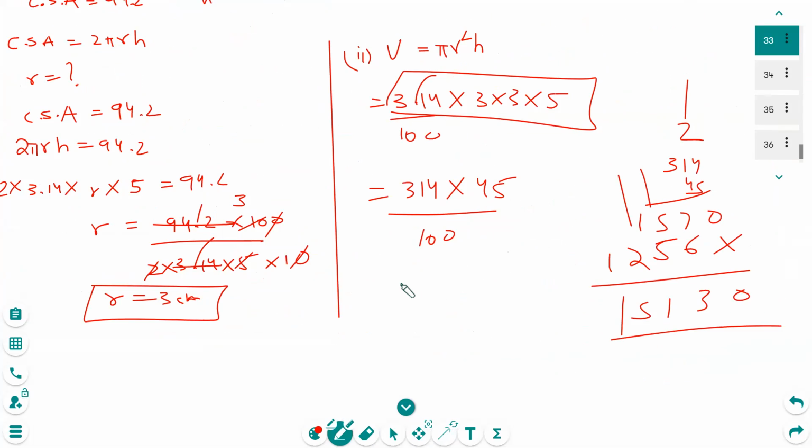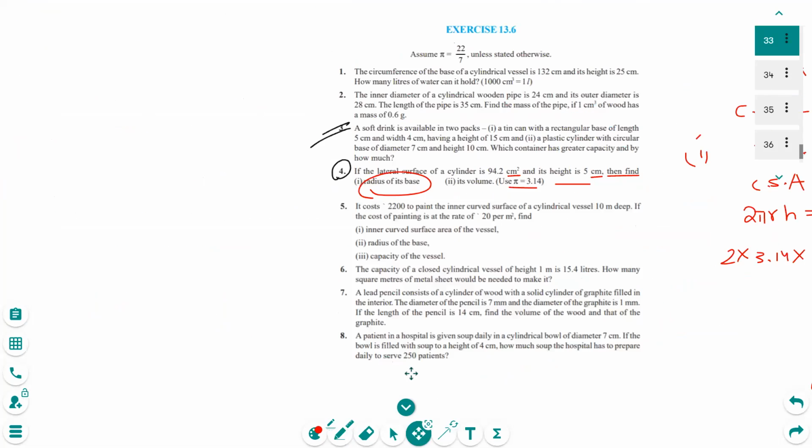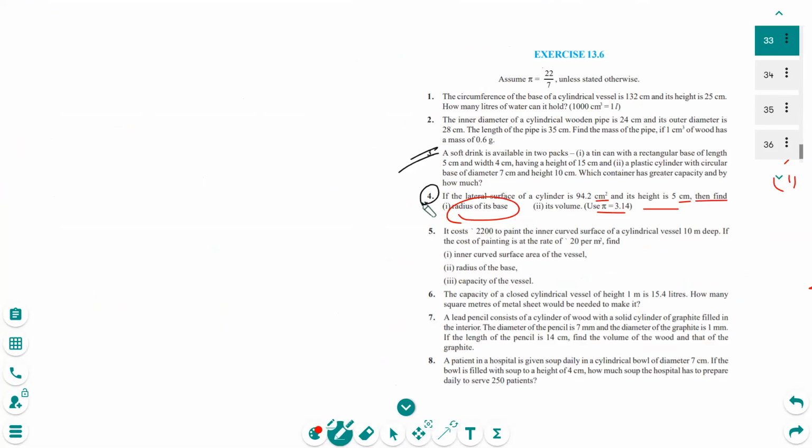No, the answer should be this only, 151.3. I'm putting the right value, r square 5. Students point out where a 4 will come and a plus was done wrong. Oh right, yes sir. Good, that means you're paying attention.